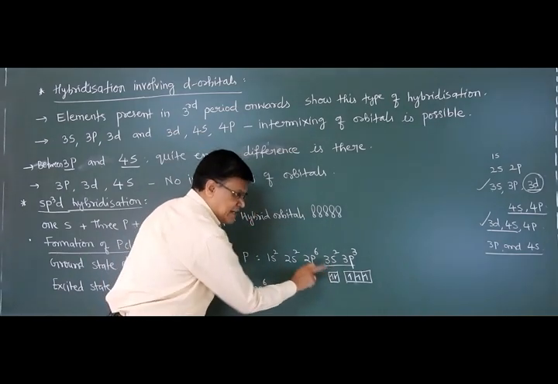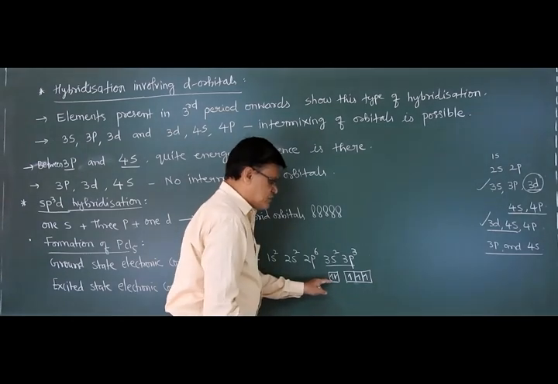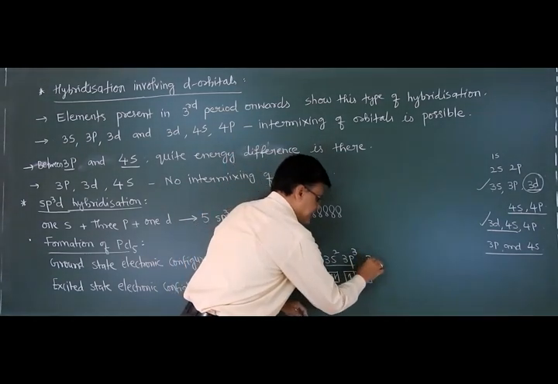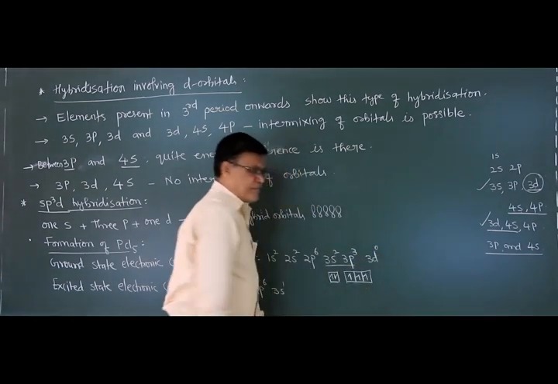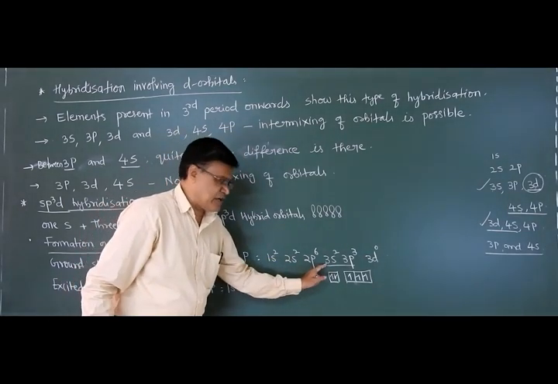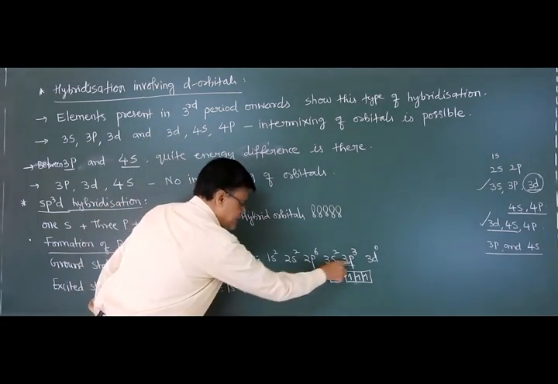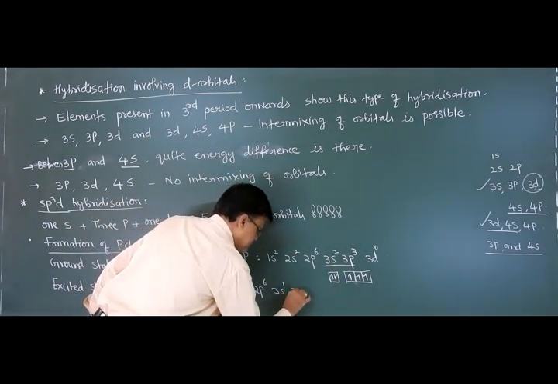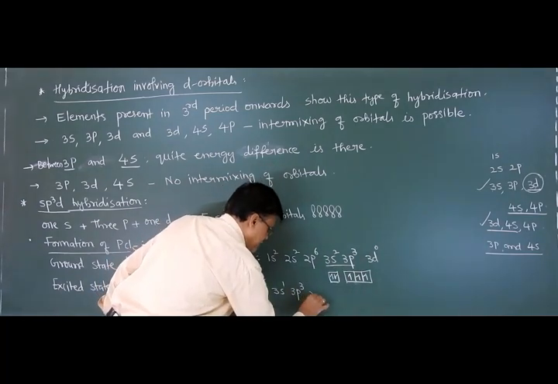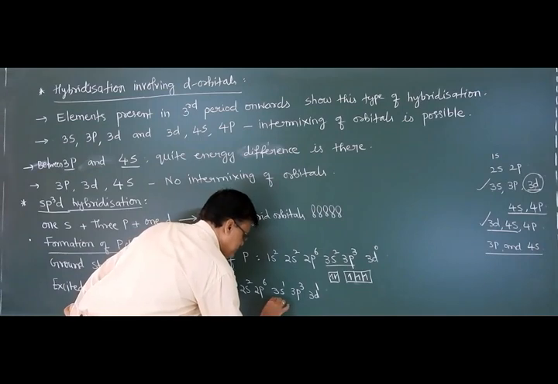Instead of 3s2, I will write 3s1. One electron promotes from 3s to 3d orbital. Vacant 3d orbitals are present in phosphorus because it belongs to the third shell. 3s1, 3p3, 3d1. I get the configuration here.